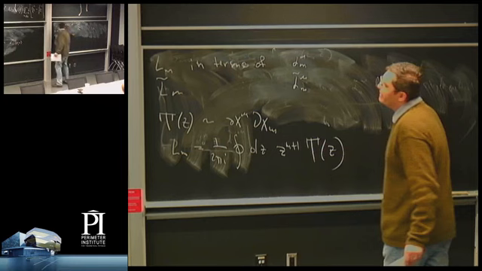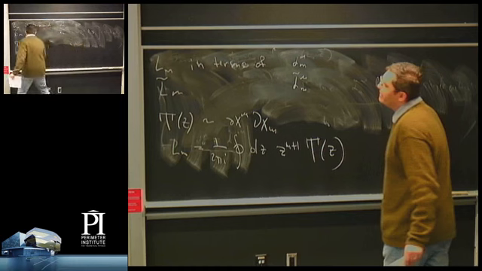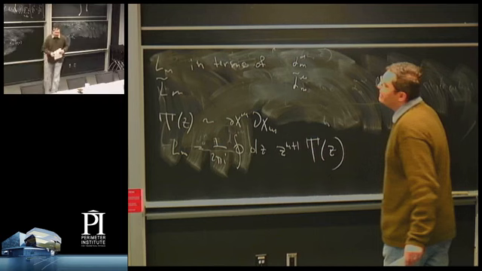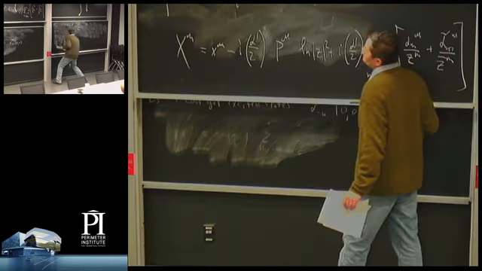Let me remind you that the holomorphic stress energy tensor, up to a constant, is just the derivative of x mu squared. And let me also remind you that the Virasoro generators Lm were conserved charges defined in the following way: the contour integral of z to the m plus 1 times T of z.